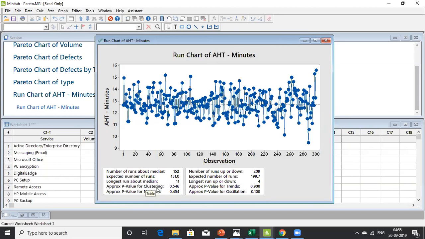One is clustering, mixture, trend, and oscillation. Clustering is when you have too many data points clustering around one particular area. If that happens, my p-value would be less than 0.05. Currently it is above 0.05, which means I don't have a clustering issue, right?